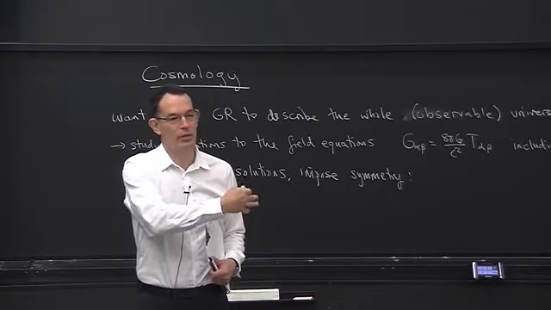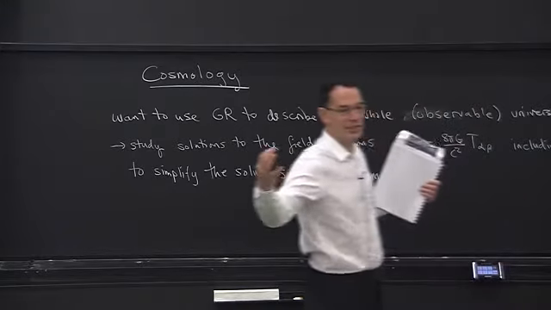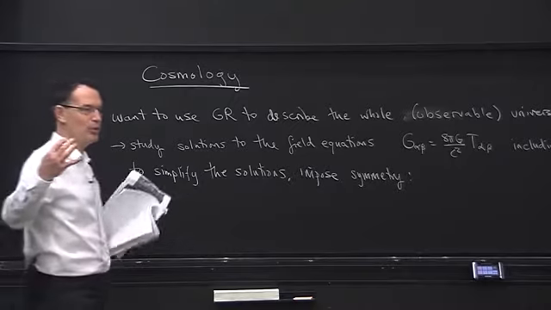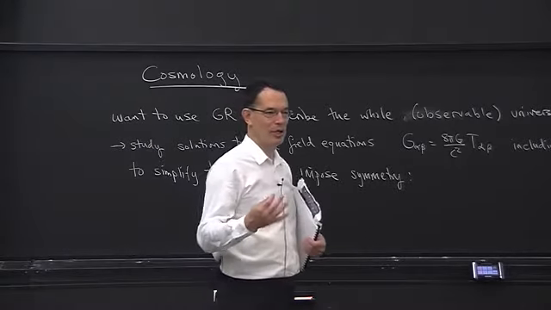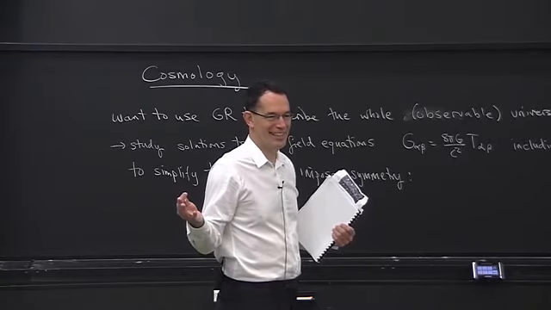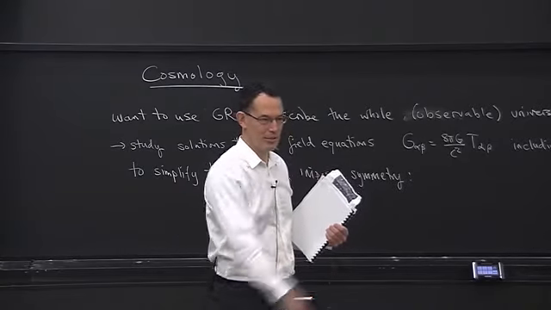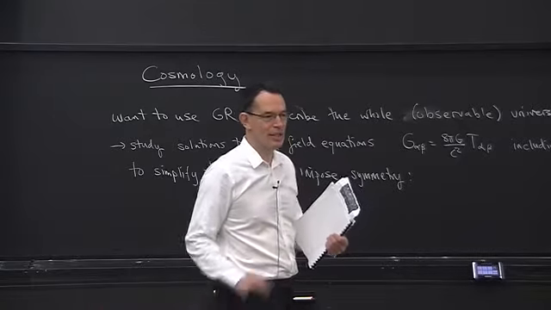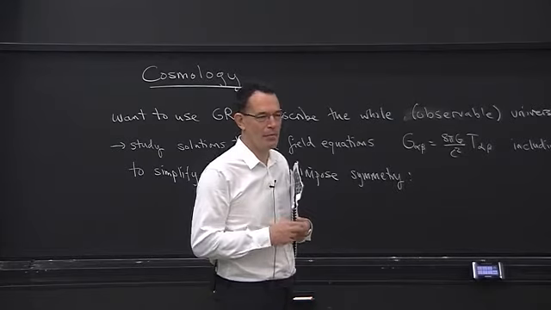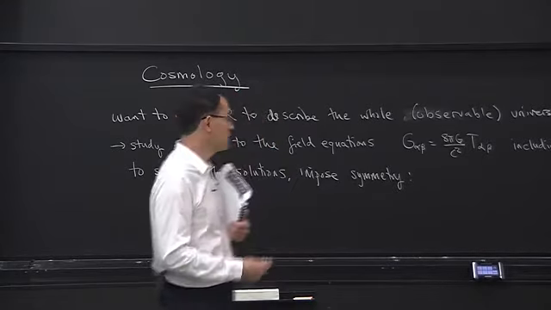The equations don't impose any symmetry. But the universe is extremely symmetrical, okay? So what physicists do when we don't quite know what to do is we look at the answer, which is the universe. And we say, well, the universe looks pretty symmetrical, right? It looks almost the same in all directions. So let's assume that for some reason it has to be that way. And we have to come back later and try to justify that assumption. It's a very big assumption.